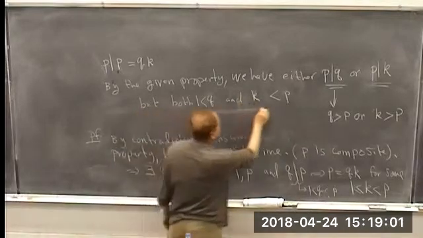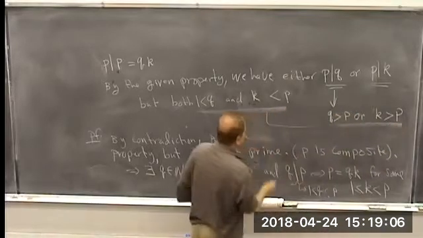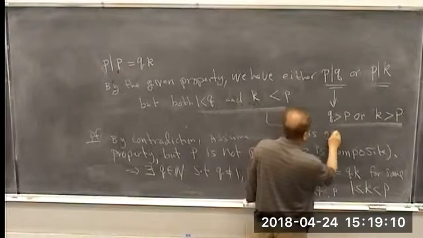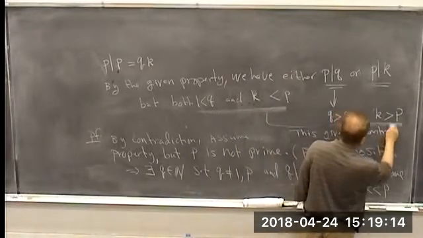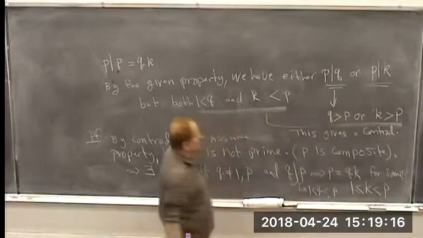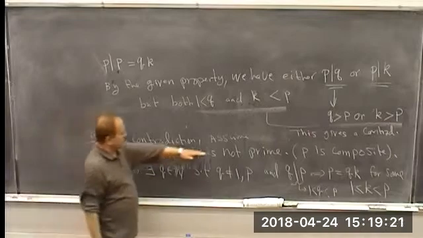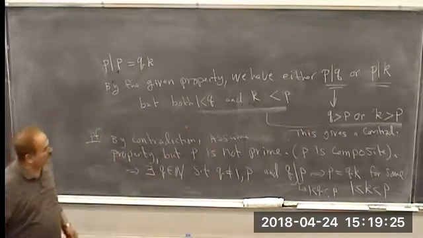So these give us a contradiction. So we go back and figure out what's wrong: it is our assumption that P is not a prime. Everything else actually does work.